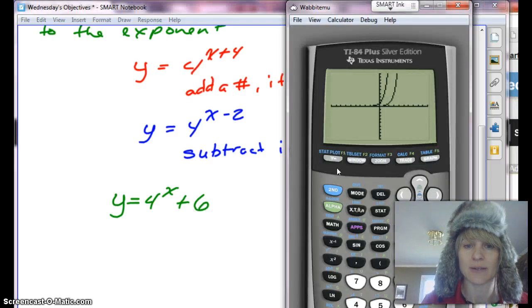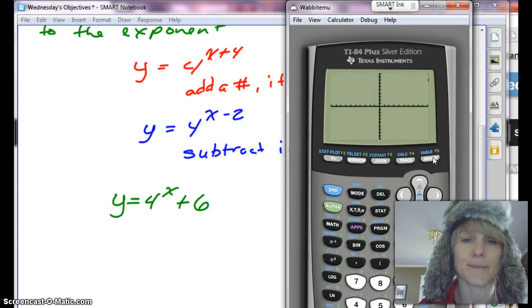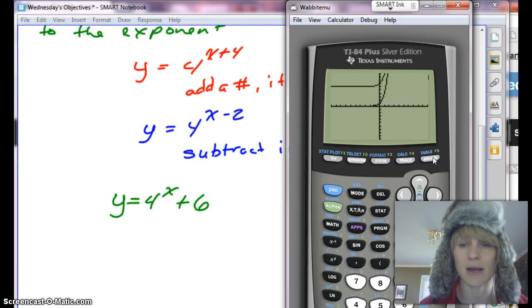So I'll go back here and we'll go down, and then I'm going to get rid of this by hitting delete. And then this time we're just going to add 6 to the equation, and you can see here's that, and then that went up.